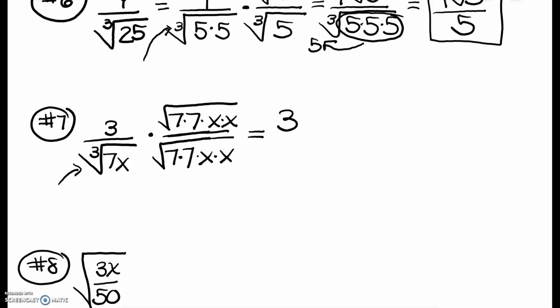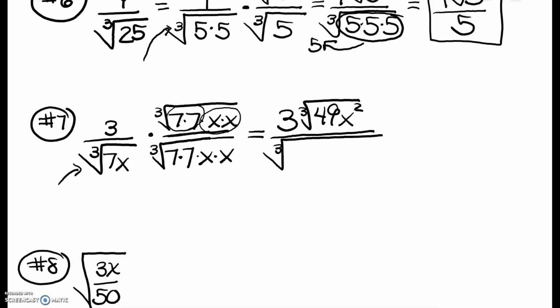So now in my numerator, I actually have 49 x squared, and this is a cube root again, and I forgot to write my cube roots. All right, and now in the denominator I have the cube root of 7 times 7 times 7 and x times x times x.